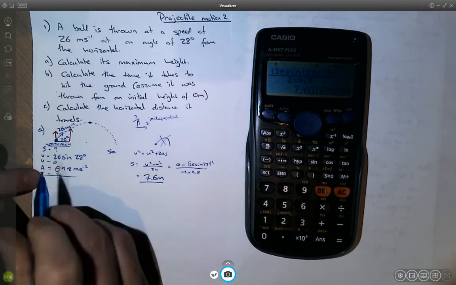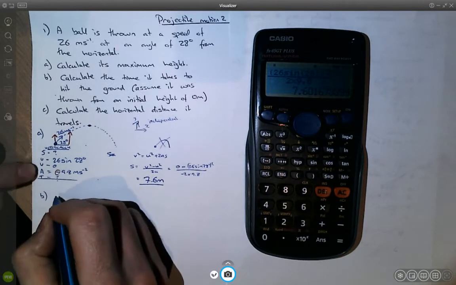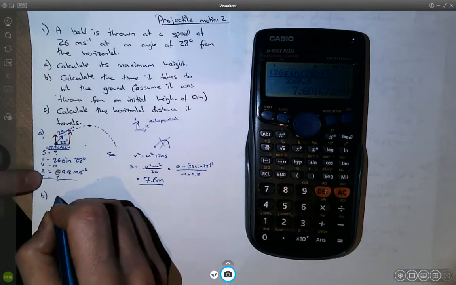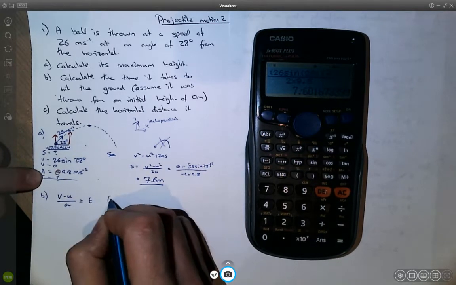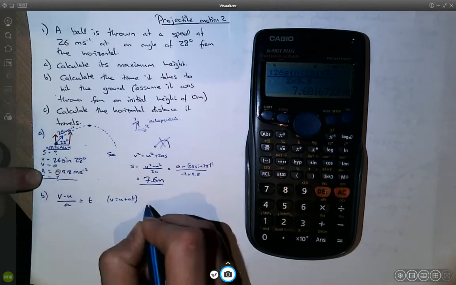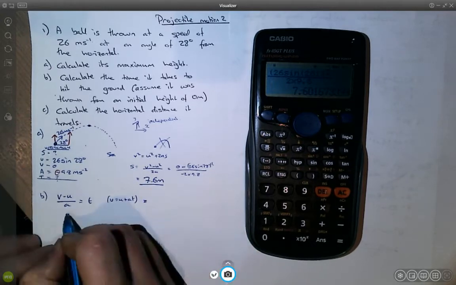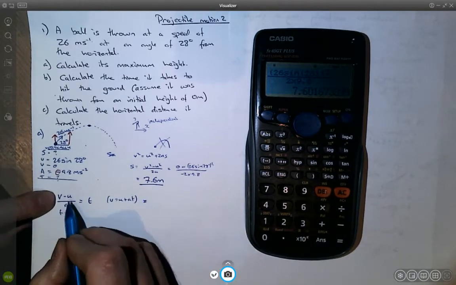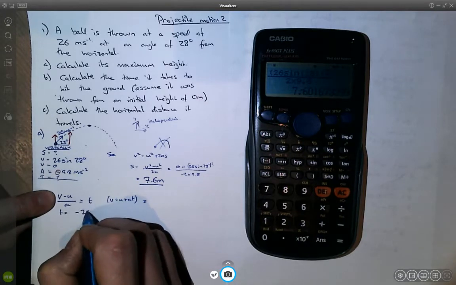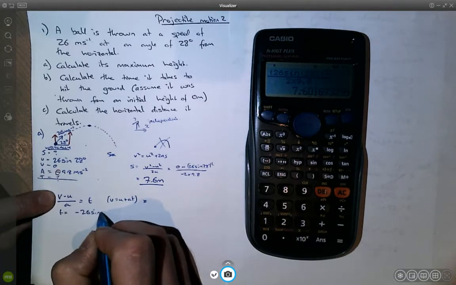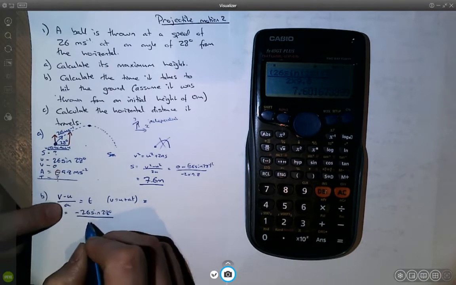So now we're being asked to work out the time here. We've got V, U, A, and S. The easiest way to do it is V minus U over A is T. That comes from V equals U plus AT. So the time is V minus U over acceleration.